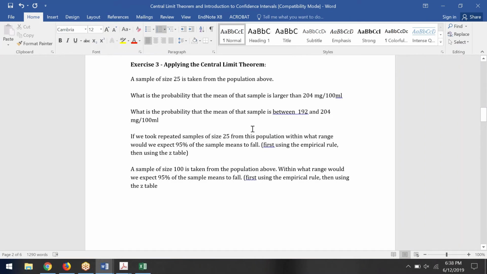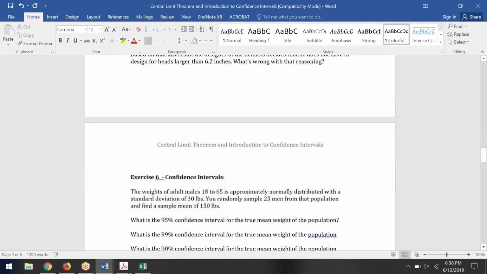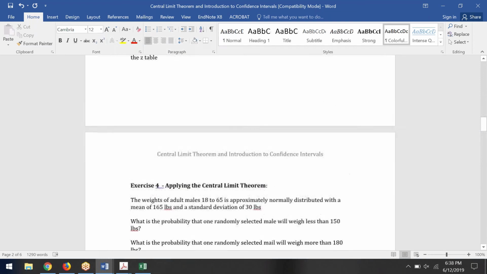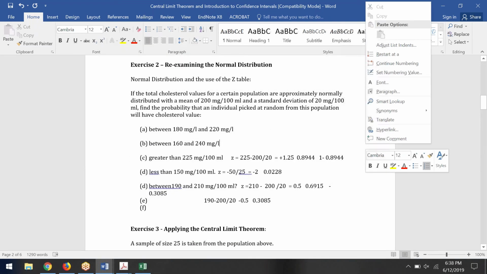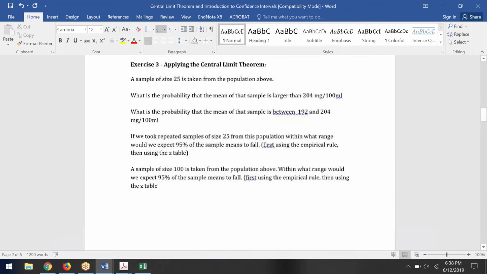Okay, so now we're going to get back into the central limit theorem, and we're going to get into why the central limit theorem is so important to us. Applying the central limit theorem: we take a sample of size 25 from that same population.